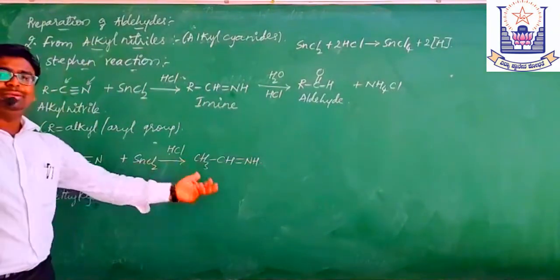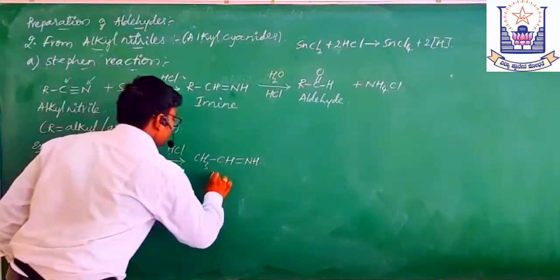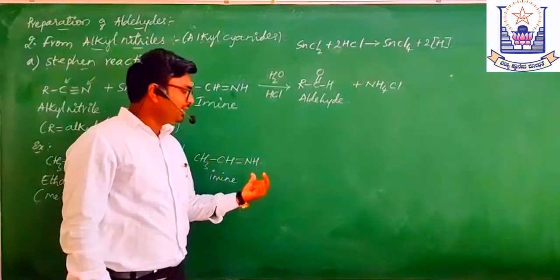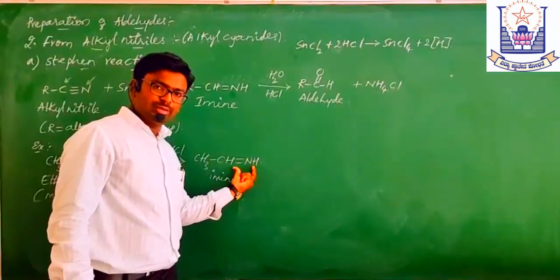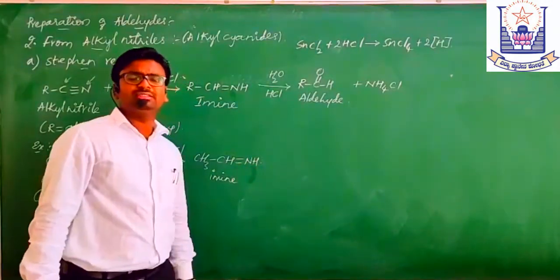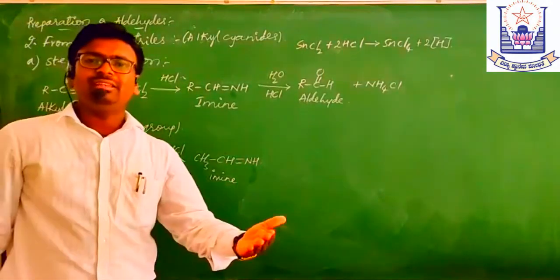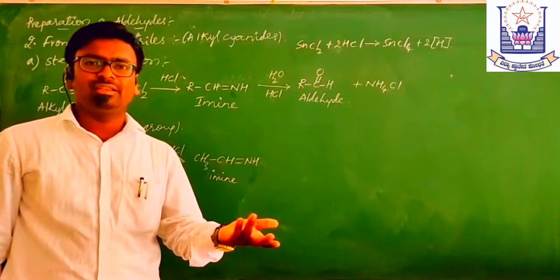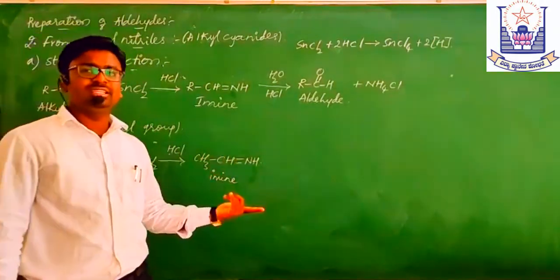This is an imine. What is an imine? When a double bond NH group is present, it is called an imine. What is an amine? When an NH2 group is present, that is an amine.